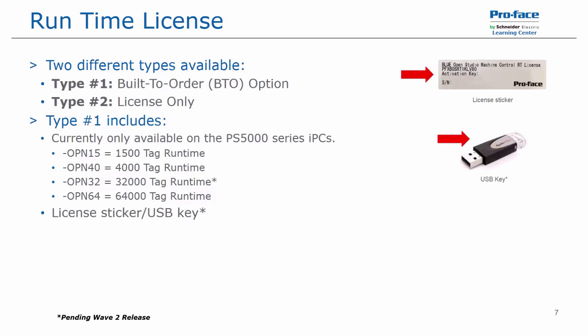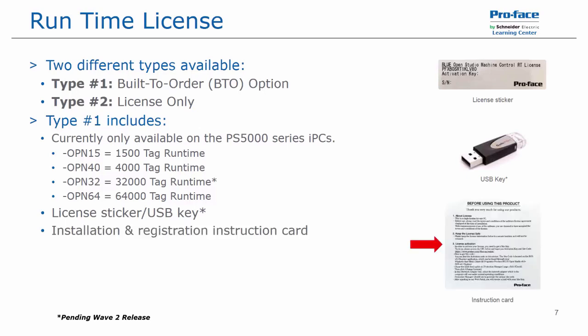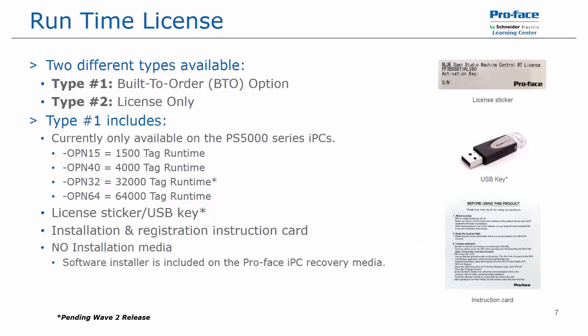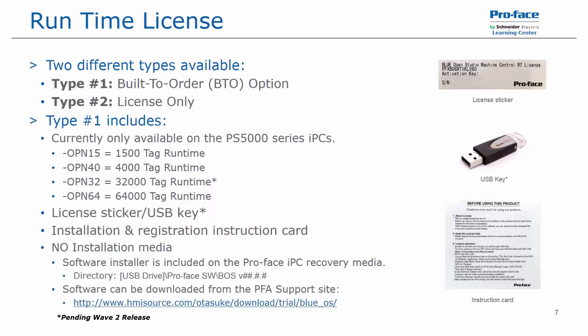It also includes a license sticker or a USB key when they come available, an installation and registration instruction card. However, no installation media is included, but the software installer is included on the ProFace Industrial PC recovery media. However, if you were to lose your recovery media or need to download an updated version, you can simply go to our support site and download the software.